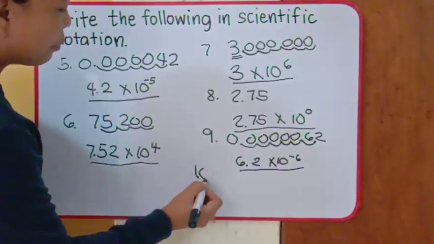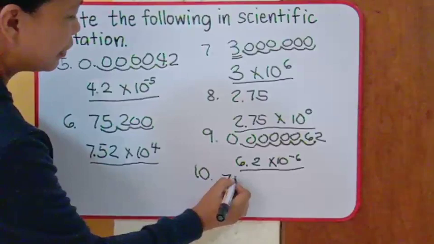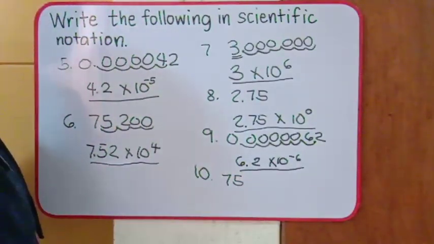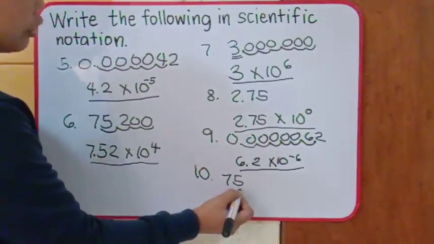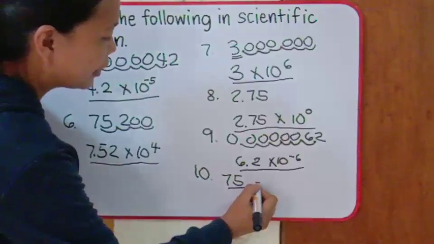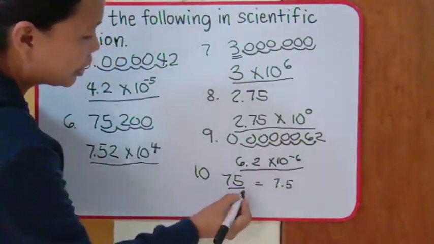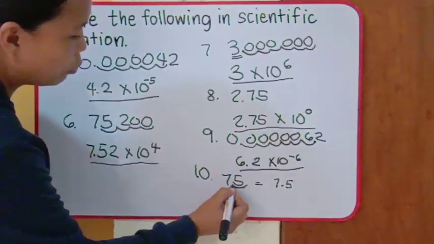Now for the last example, we have here number 10. So we are given 75. So how are we going to change it in scientific notation? So take note that our value of A must be less than 10. So from this number, we get the value of A as 7.5. Then we just count the number of places, movement of the decimal point, so we just have 1.